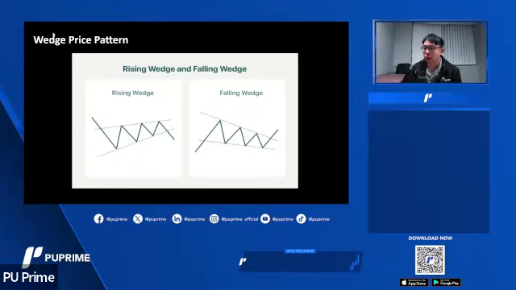So remember, this rising wedge depends on where it happens. If it happens in the midst of a downtrend, it could be a continuation, continuing to sell down. But if it happens during an uptrend, and this channel becomes more and more narrow, it might lead to a reversal and sell down. Same goes for a falling wedge.